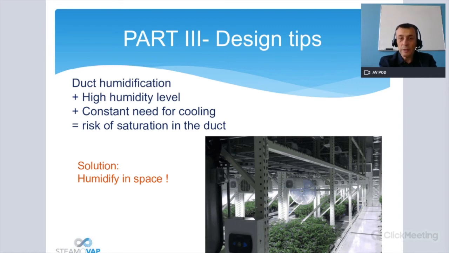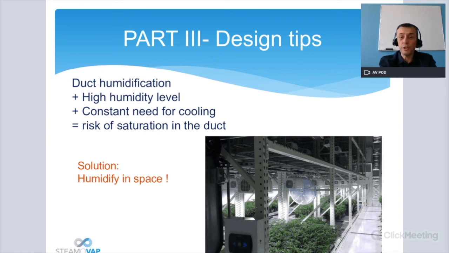And the very high humidity, we are talking about 85% relative humidity inside the room, so a very high level inside the room and low temperature inside the duct, you have a high risk of saturation. Saturation is condensing. So you will have a risk of flooding the duct, and you don't want this.